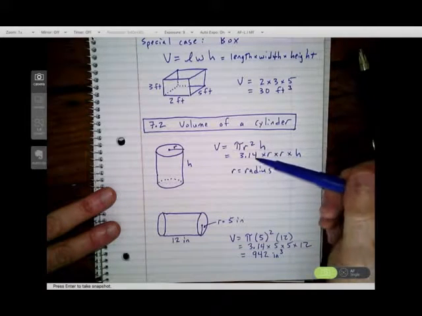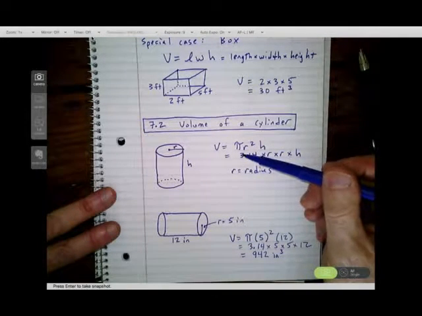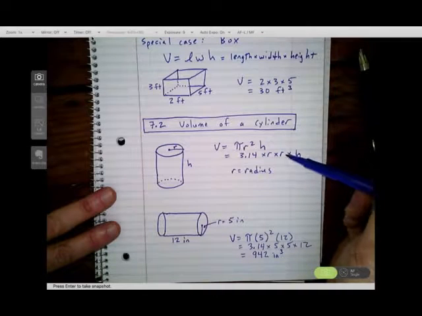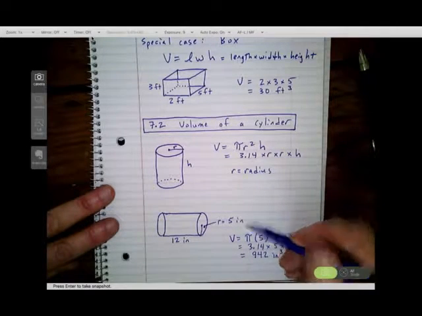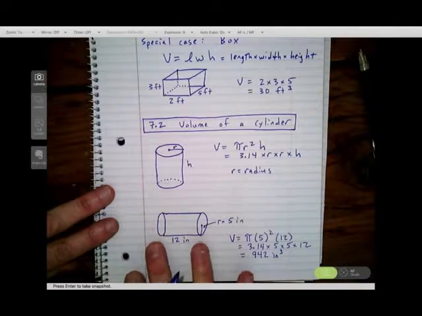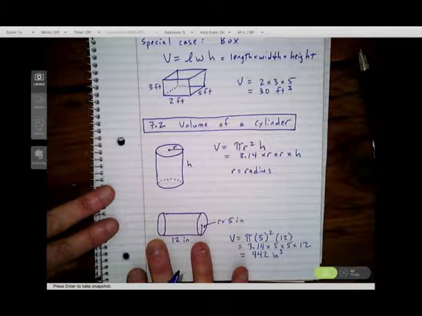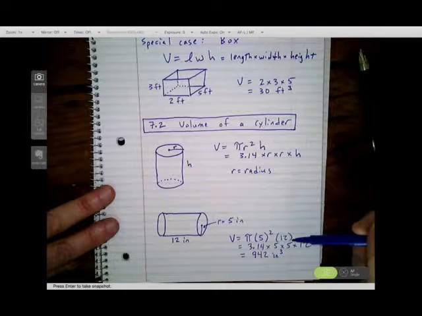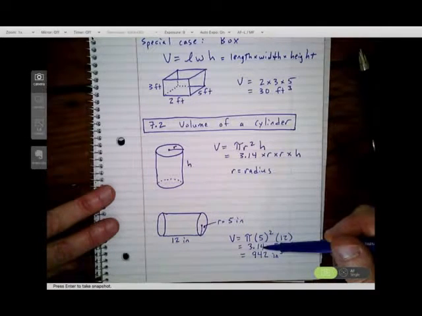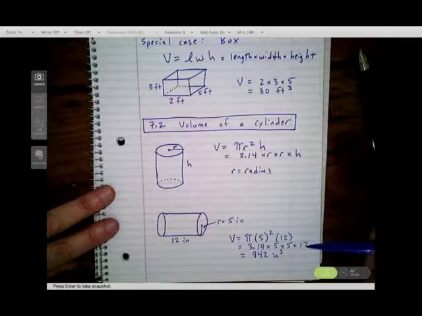Okay, so one more time. It's pi 3.14 times the radius squared times the height to get the volume. Okay, here's one here. And again, I hope this is pretty straightforward. The radius is 5 inches. The height, or the distance between the circles, is 12 inches. And so we're just going to plug that in. We got pi times 5 squared times 12, which is 3.14 times 5 times 5 times 12.